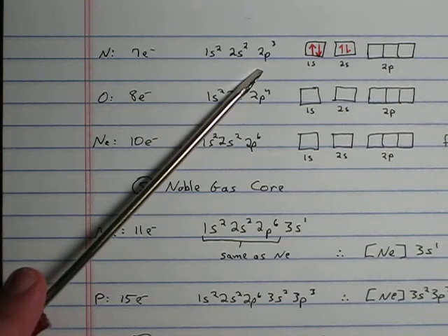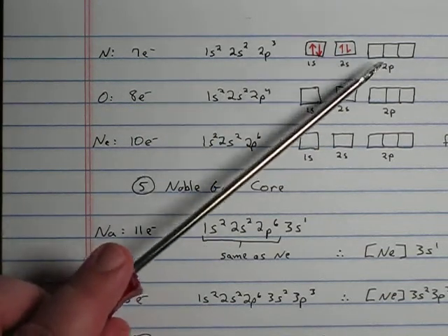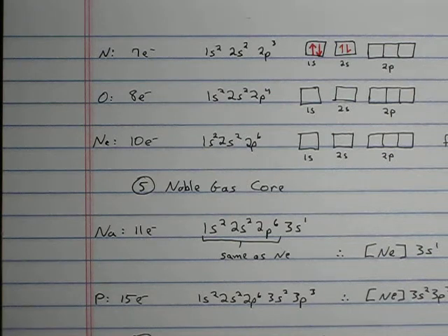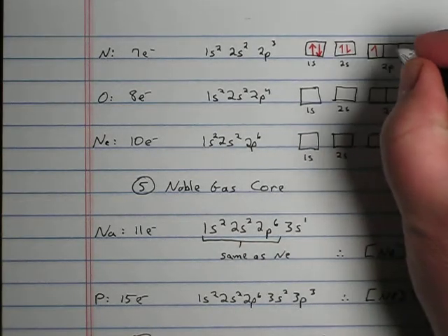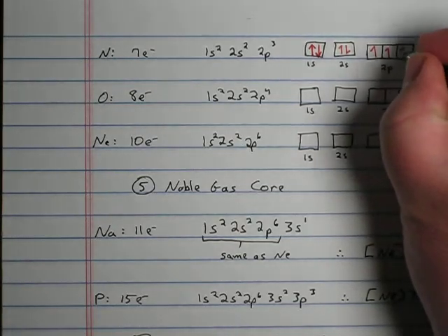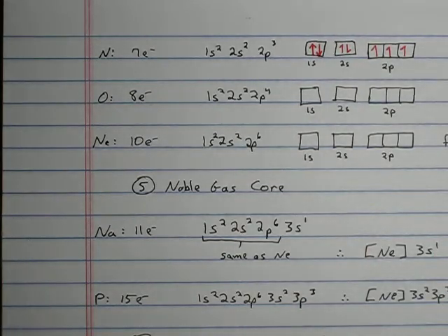The question is, how am I going to put those 3 remaining electrons in the p orbitals? Well, Hund's rule says we're going to fill them to get the max number of parallel spins. So we're going to do this: 1, 2, 3. And we're done. There's all 3 of them.